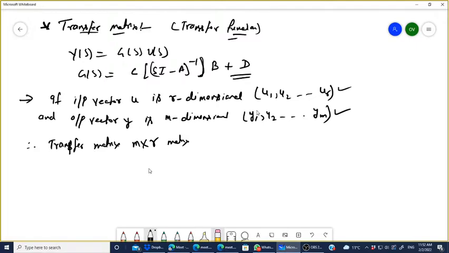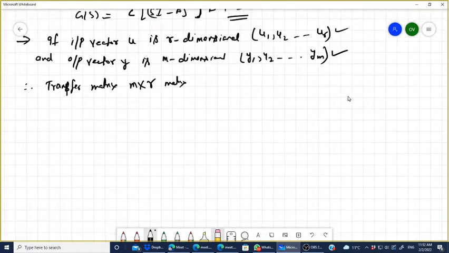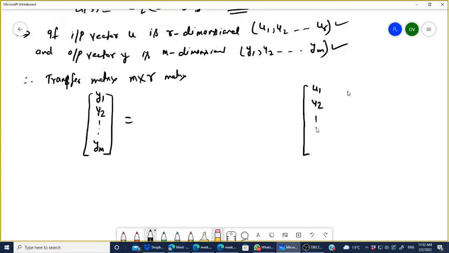The relationship is given like this: y1, y2 up to ym, and the u matrix is given like u1, u2 up to ur.